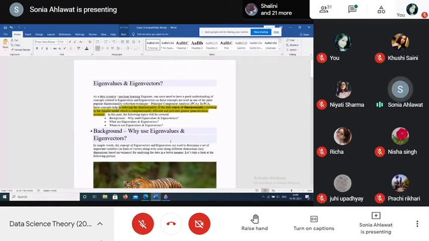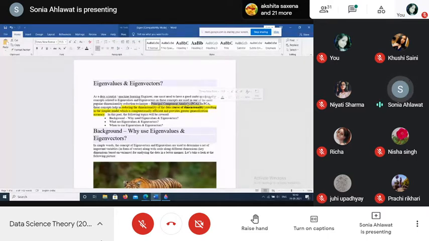Can anyone let me know what is this principal component analysis written over here? Class, I need an interactive class. It is very difficult for me every now and then to switch on your chat window. So simply let me know, either yes or no, have you ever heard about principal component analysis, eigenvalue, eigenvector?